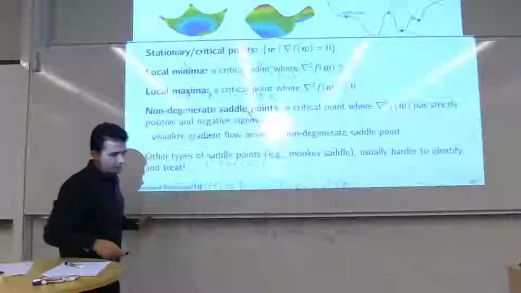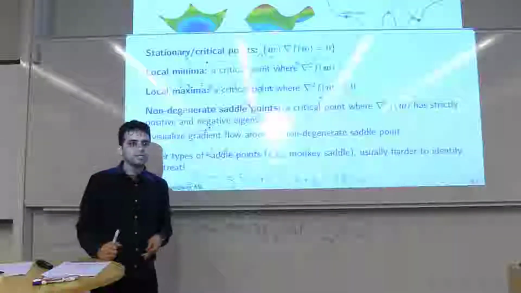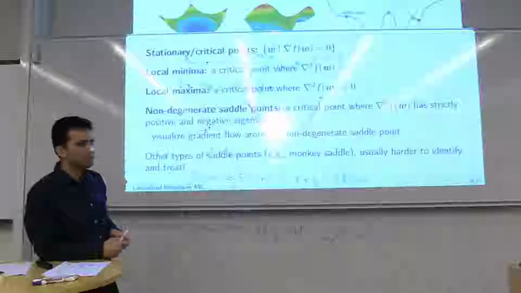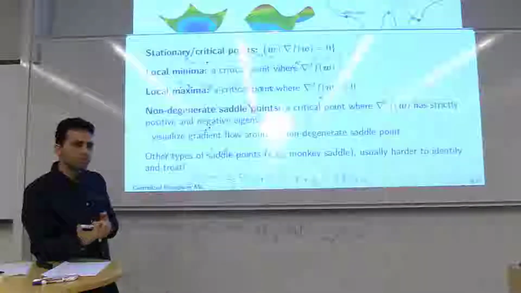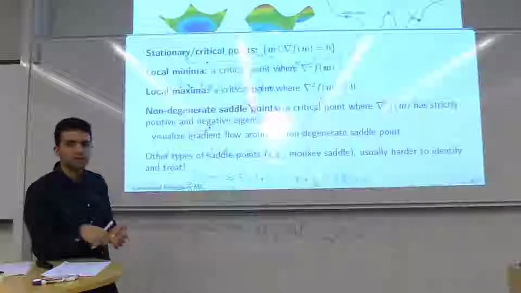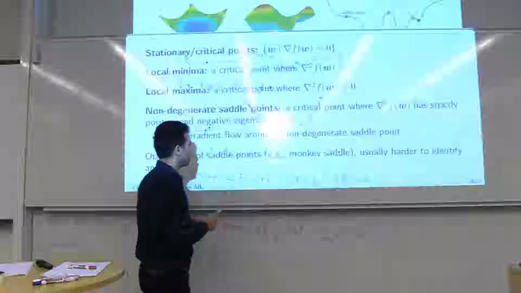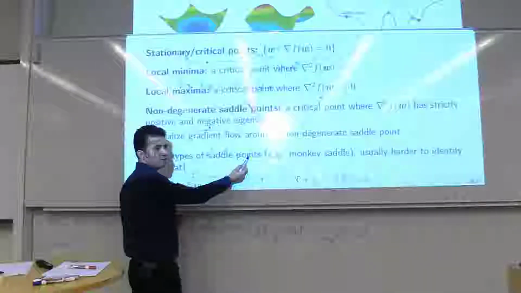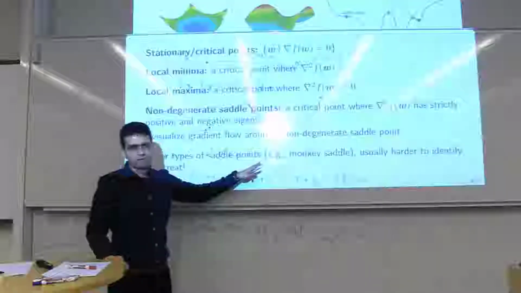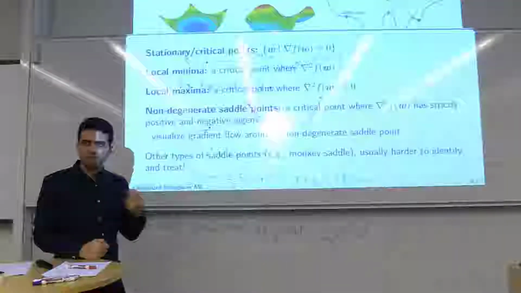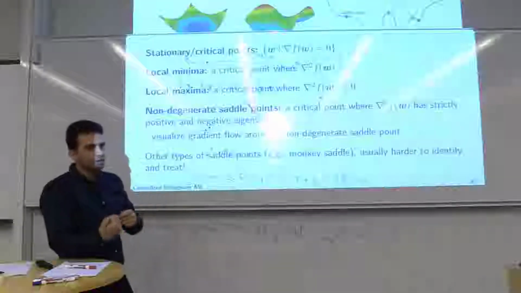But what would happen if this matrix is neither PD nor, well, not even PSD? Then what would happen? It has both positive and negative eigenvalues. Then depending on which v you choose, there are some v for which this term is going to be positive, and some other v's for which this will be negative, namely the eigenvectors corresponding to the positive or the negative eigenvalues.